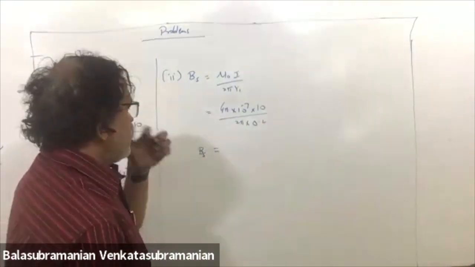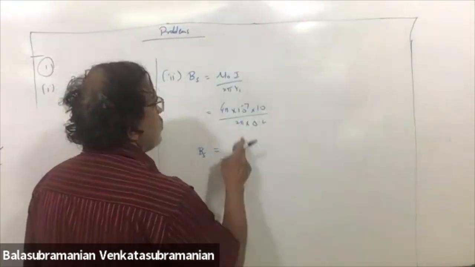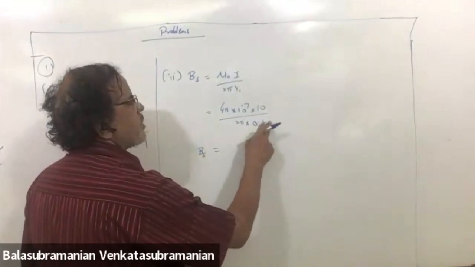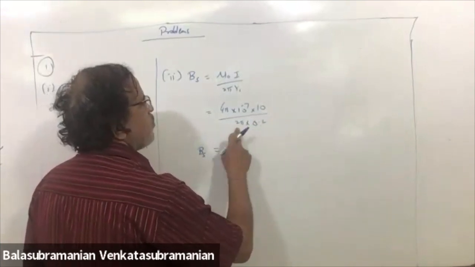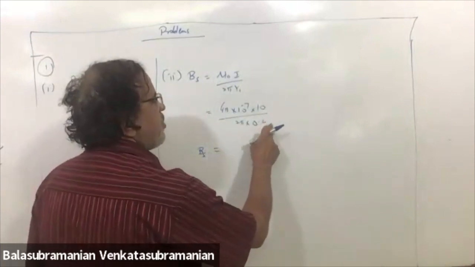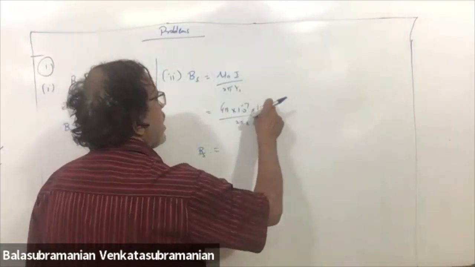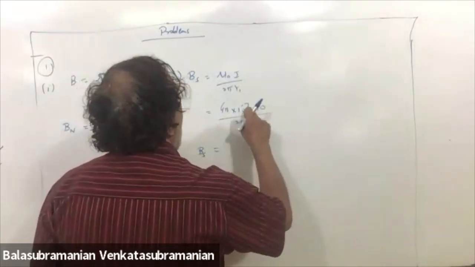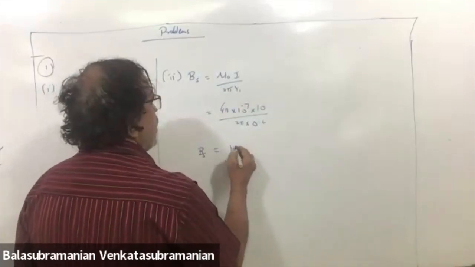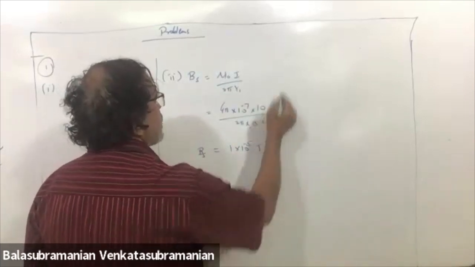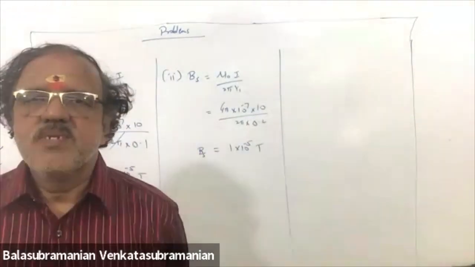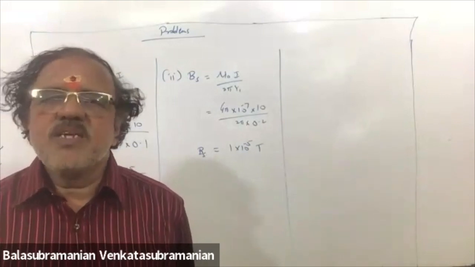So 4 pi cancels, 2 into 10 power minus 1 goes to the denominator, and you get 1 into 10 power minus 5 Tesla. This is for the south direction.